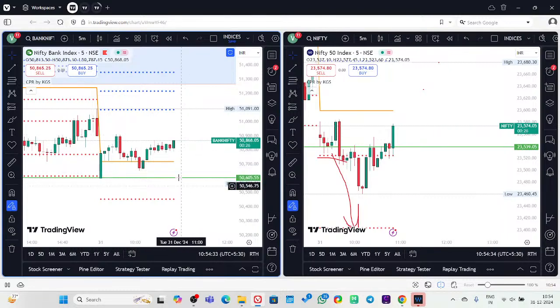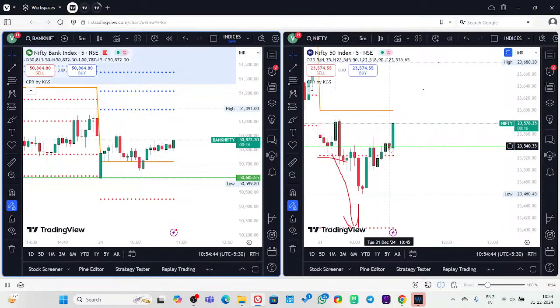So see here, this is the demand zone. Exactly at the demand zone the price is taking support in Bank Nifty, and now this minor demand zone is acting as the support. Wow, such a good green candle.